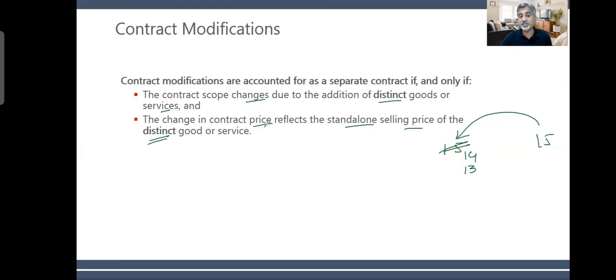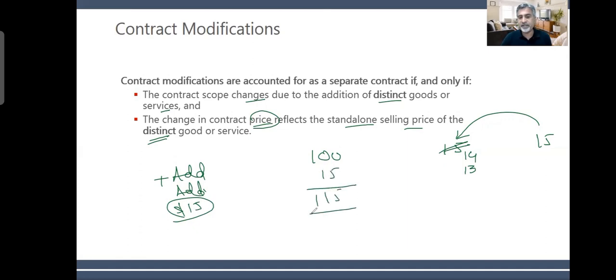It says the change in the contract price. So the contract before was 100, okay? And we want to add something additional, and that additional thing has a price of $15. So if you add $15 here, it becomes 115. So the contract price reflects the standalone price of the distinct good or service.